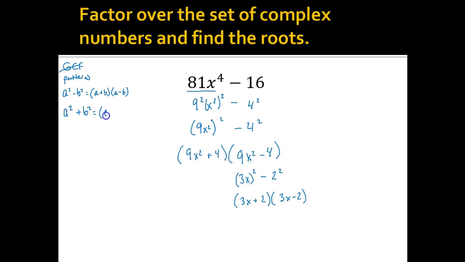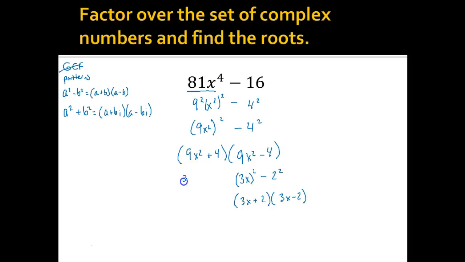And it goes like this: a plus bi times a minus bi. That's because i times i is negative 1, and that negative 1 times the minus b squared ends up giving us the plus b squared. So that's what we're going to use.